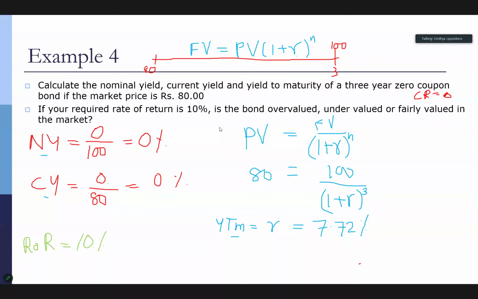So yield to maturity is the correct yield to compare always. So if your required rate of return is 10%, you compare that against the yield to maturity. Is your bond overvalued, undervalued, or fairly valued?